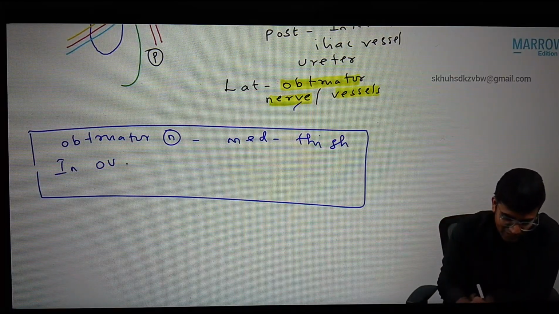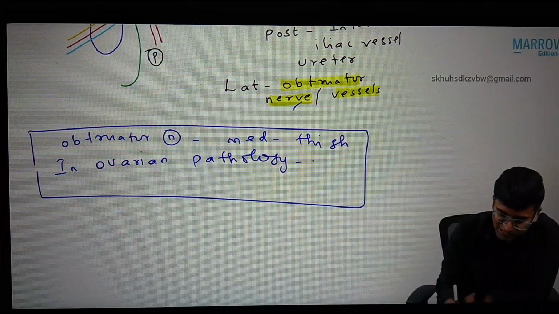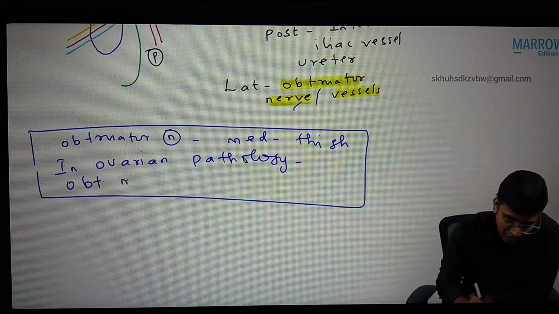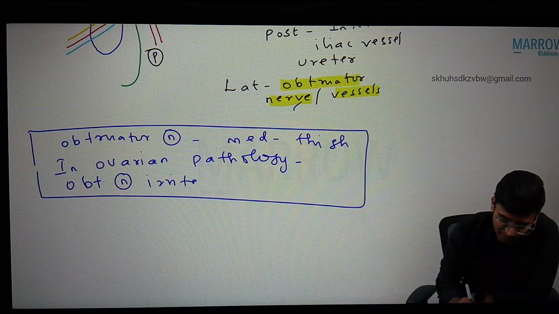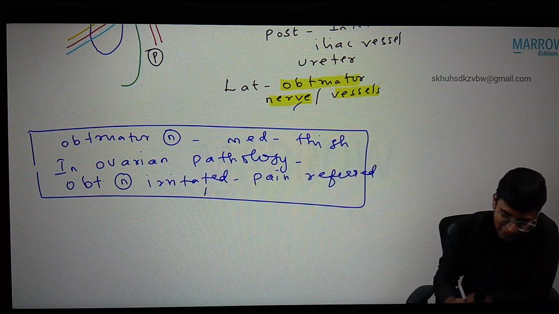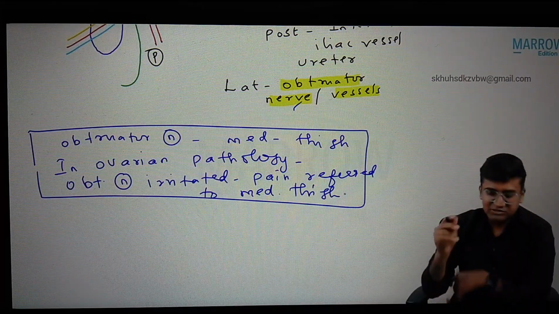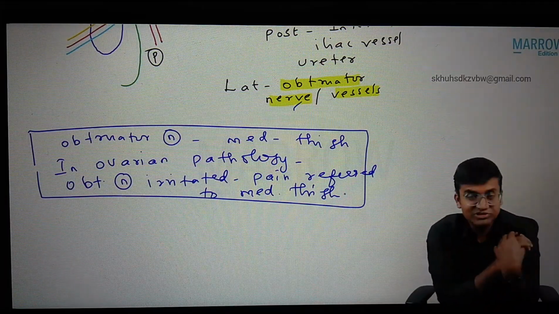So in ovarian pathology, the obturator nerve is irritated and the pain is referred to the medial side of the thigh. Shall we proceed?